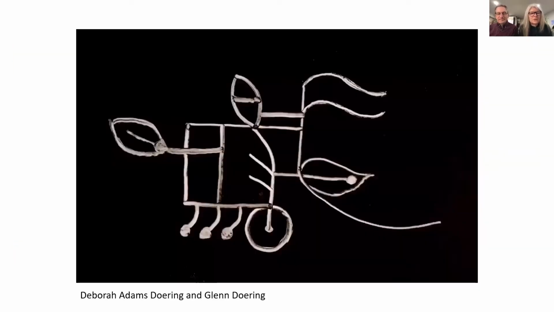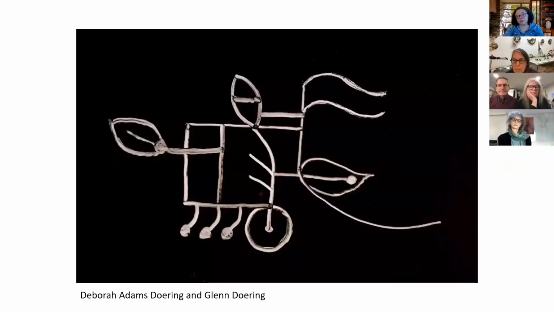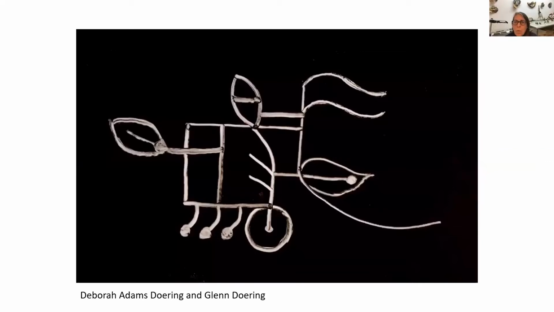Okay. So you can see how each artist really brought in their unique styles and methods. Deb and Glenn went for a traditional reductive monotype where the entire plate was inked up and then with a Q-tip drew into the surface and kept changing it, making the movement by changing the design itself. Next, please.